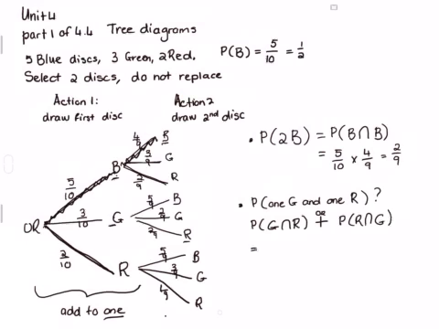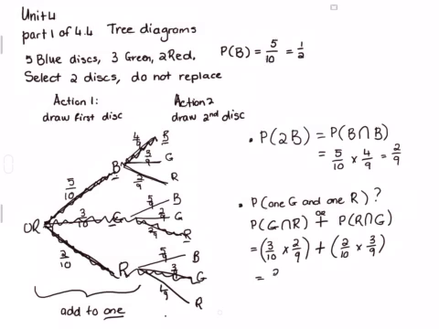So the first one, first green and then red, you go along the green and then the red. 3/10 times 2/9 plus, and remember your BODMAS, the times will go first. If I did first red and then green, I go along the red branch and then the green branch, which is 2/10 times 3/9.